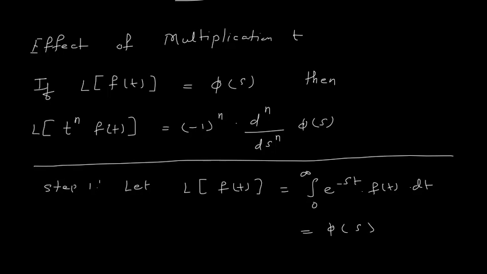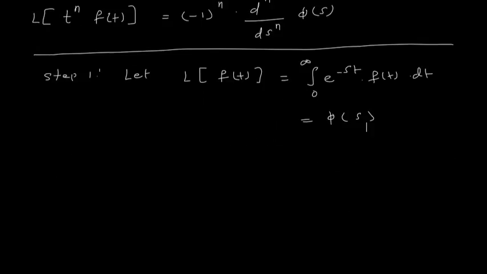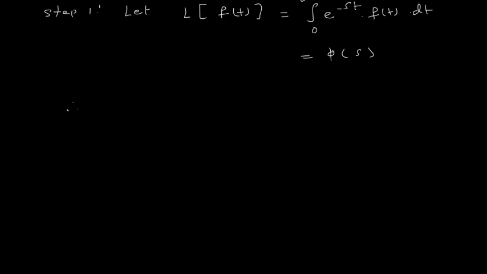Okay, Laplace of f of t we have taken as phi of s. Now we differentiate both the sides. So therefore I have phi of s is equal to the integral from 0 to infinity of e raised to minus st into f of t dt.